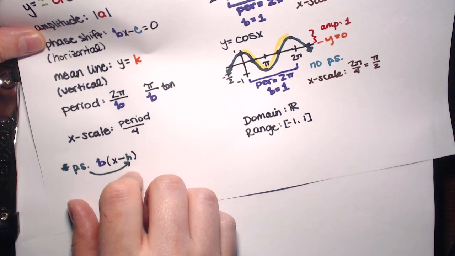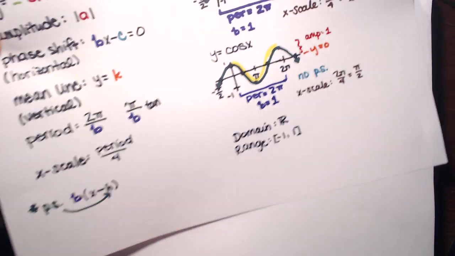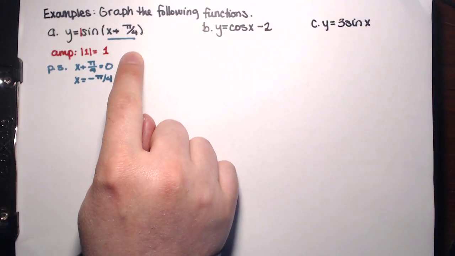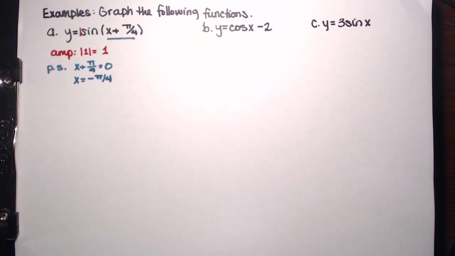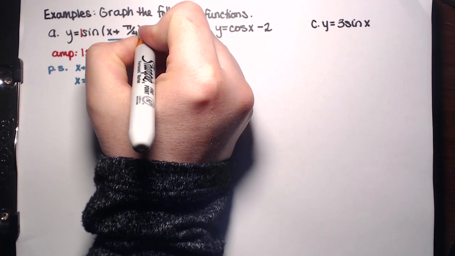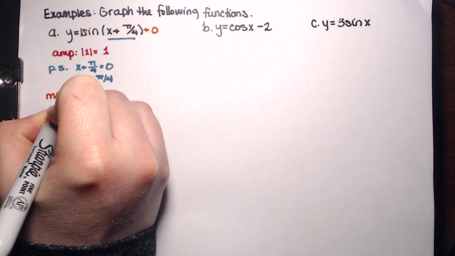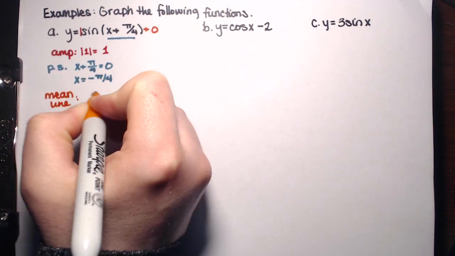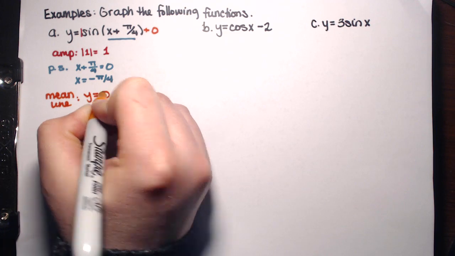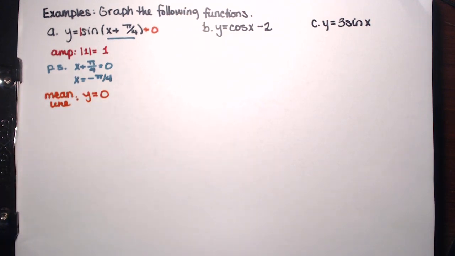So it's just this value, the opposite sign of h. So -pi fourths. And then what else do we have? The mean line. Well, technically this is +0. So I'm not moving this up or down.